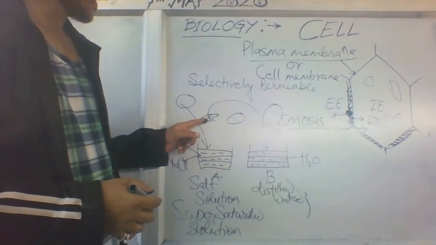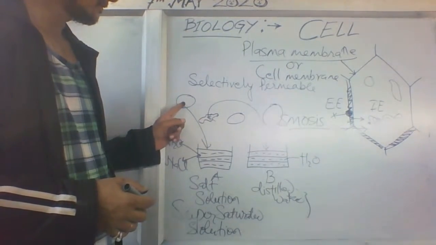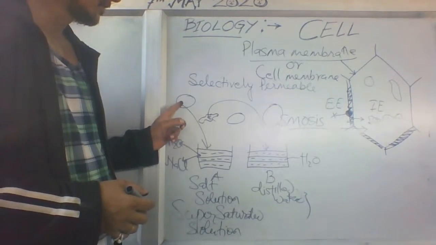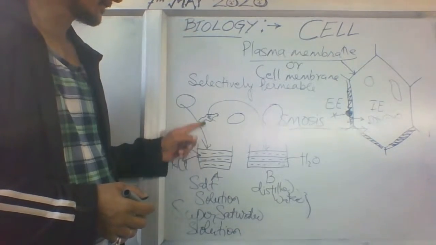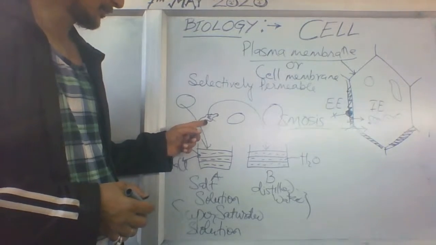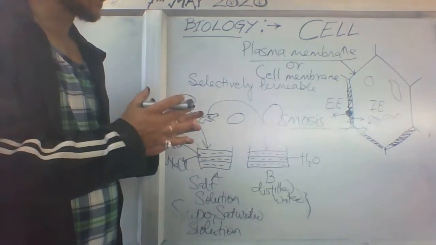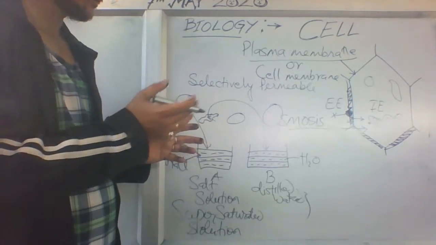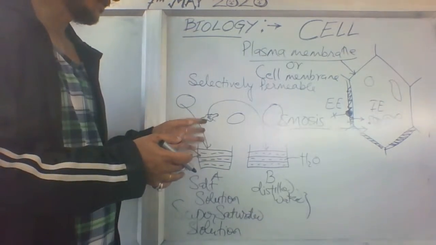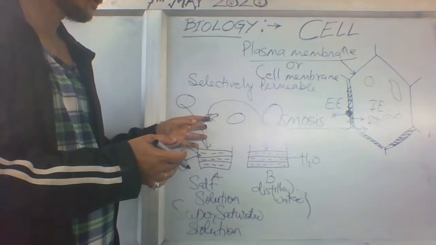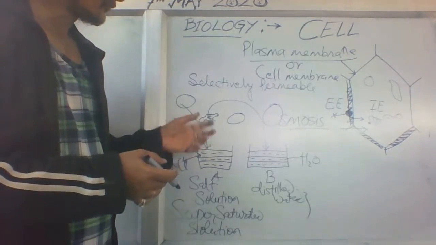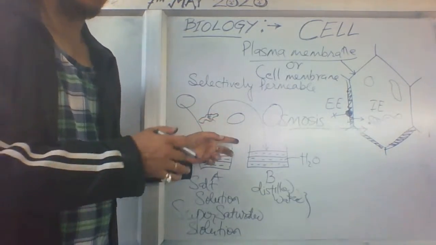This is when a small grape loses its water and converts into a kismis. This is called plasmolysis. Plasmo means the plasma membrane has given everything out, so this is plasmolysis. And when it absorbs water, it is deplasmolysis.